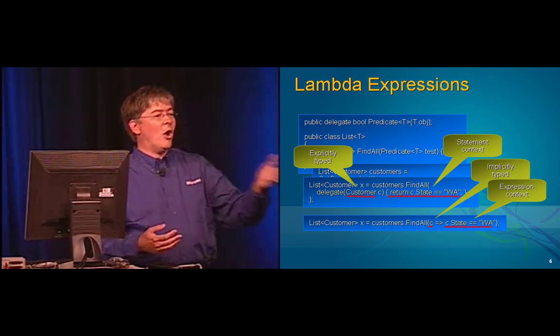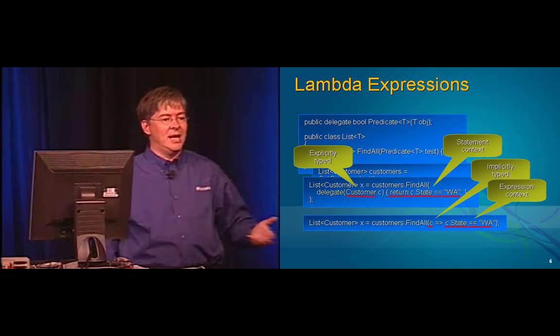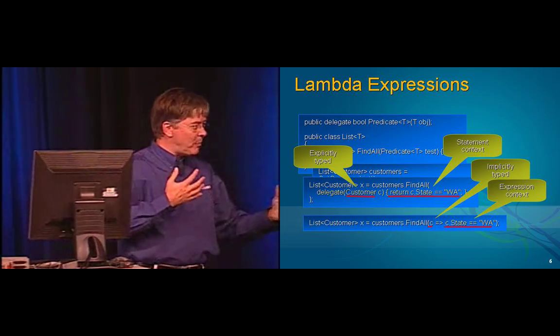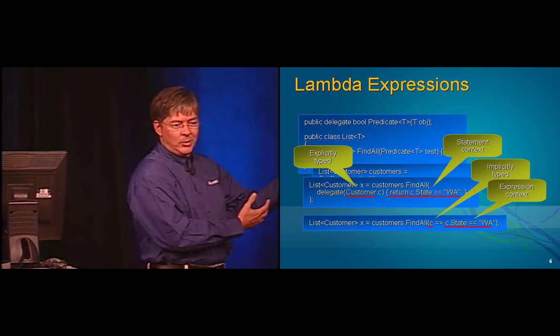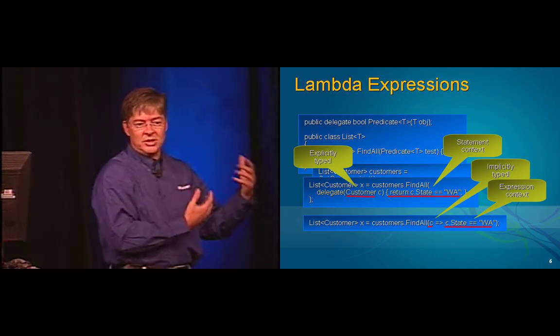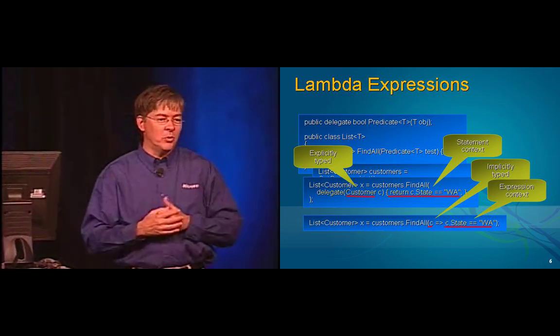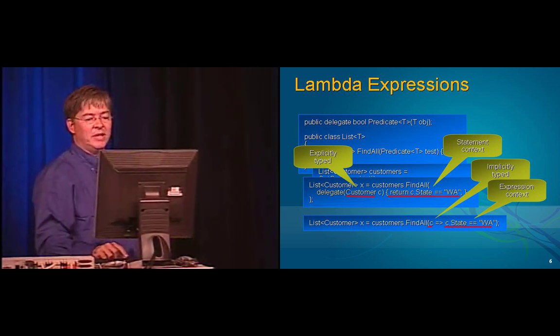It knows that I'm operating on a list of customers, so why am I having to say Customer again and again and again? And this is actually one of the things that separate declarative query languages from imperative languages like C, C++, and C#: how much explicit typing do we force the programmer to do? So that's one issue with delegates.